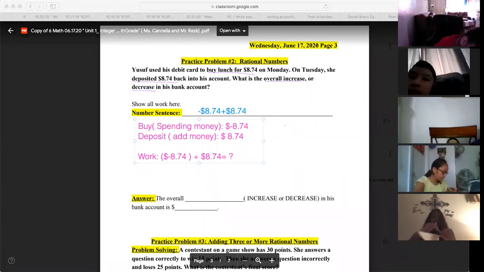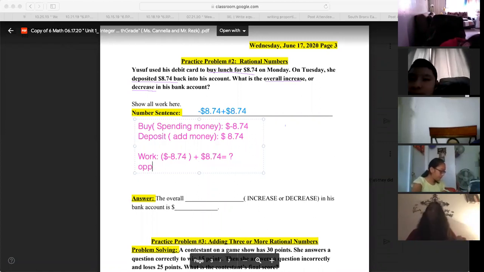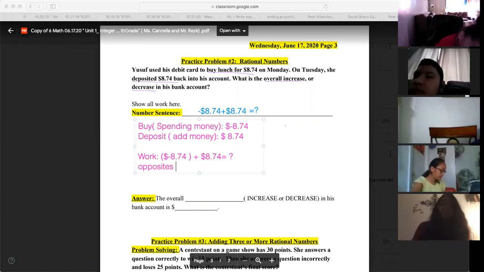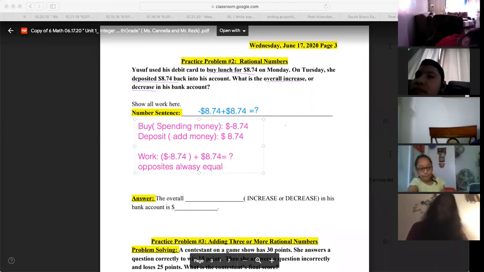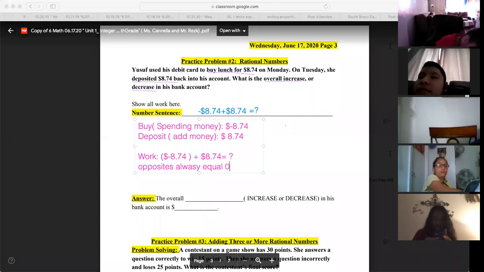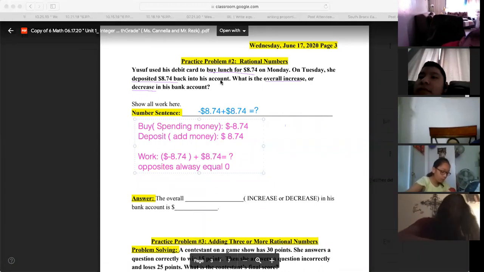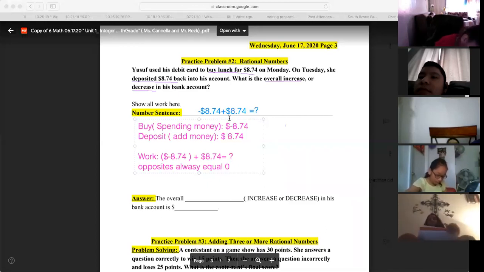Now, Esther, when I add opposites, what is the answer going to be equal to? 0. Good. So opposites always equal big fat 0. So the question now, Esther, is the overall, was there an increase or decrease in the bank account? Because you started with negative $8.74, and then he added $8.74. So is there an increase or decrease, or no?